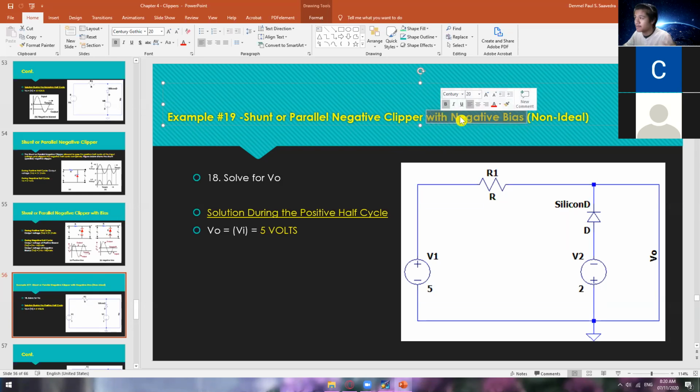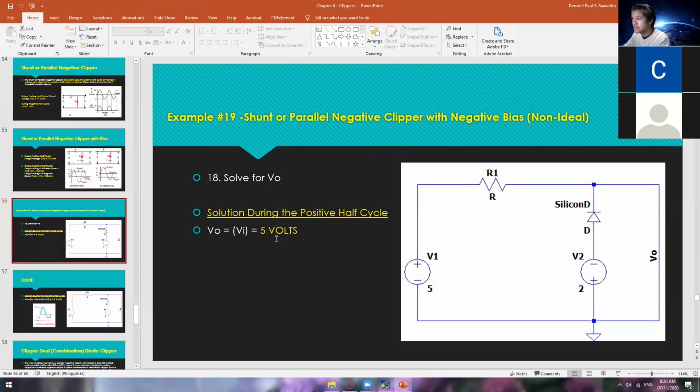We don't have a positive bias and a non-ideal. So it is now up to you to analyze if we have here a positive bias and then an ideal diode. Anyway, this one is much harder than those two. So just by having this one example, you will already know what is the difference between positive bias and an ideal diode.